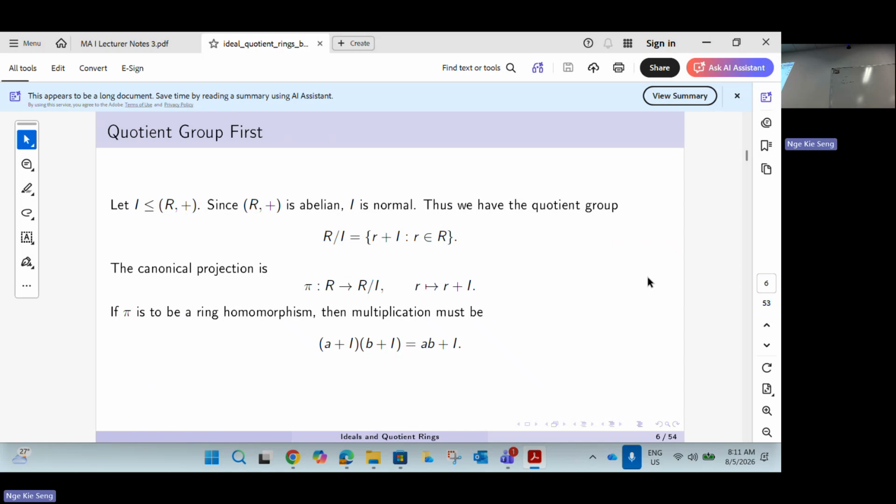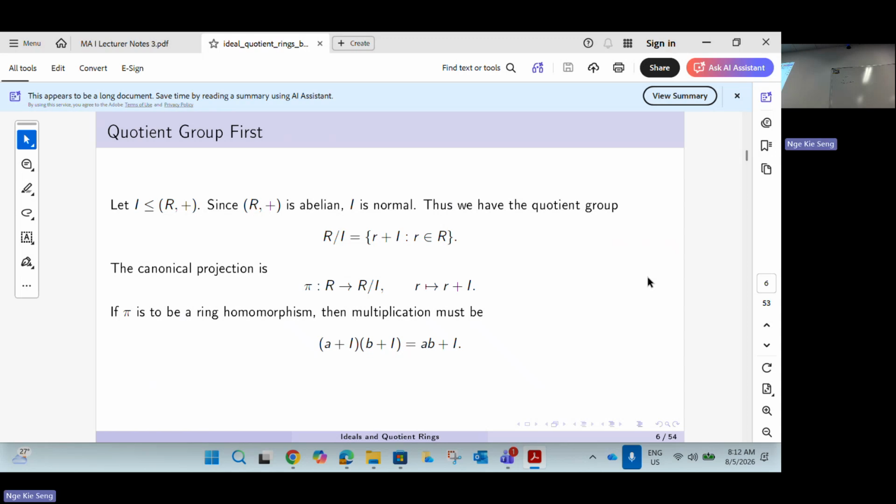If it is a right ideal, then it might not work for the left. We talk about the left one first, then right, let me think whether it can relate to this or not.